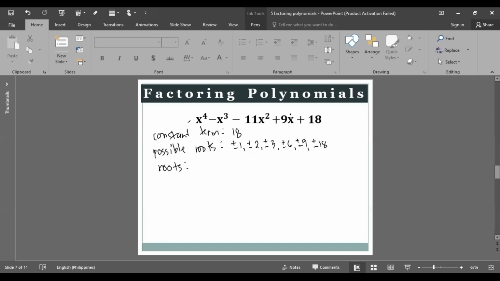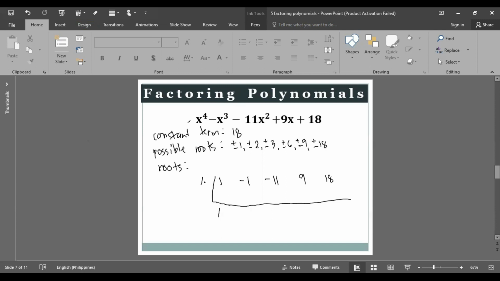Kompleto naman yung terms ng given polynomial expression. So, the numerical coefficients are 1, negative 1, negative 11, 9, and 18. Let's try positive 1.